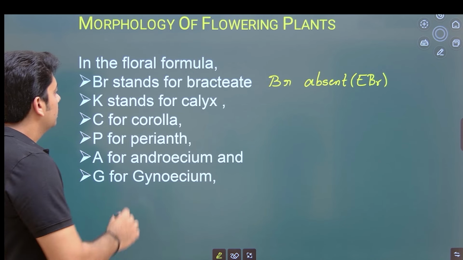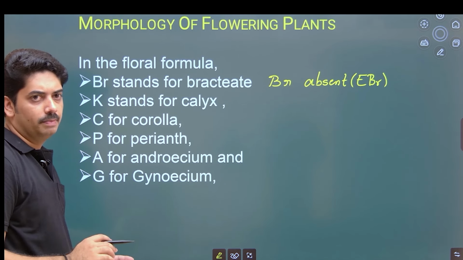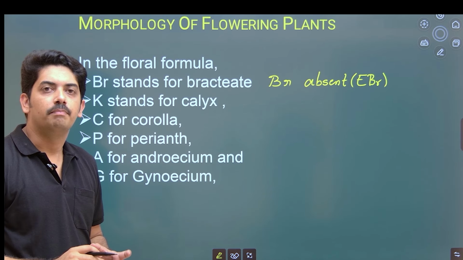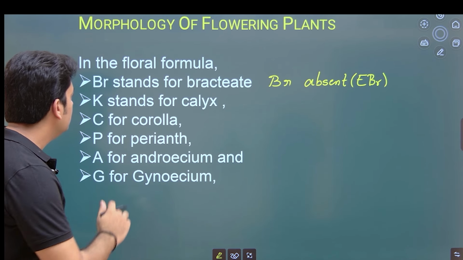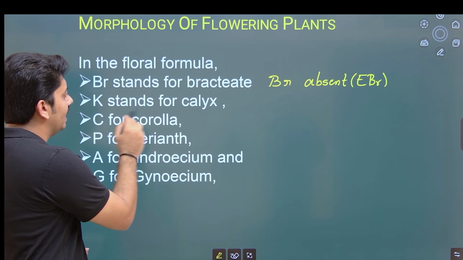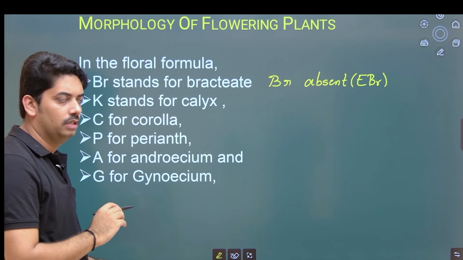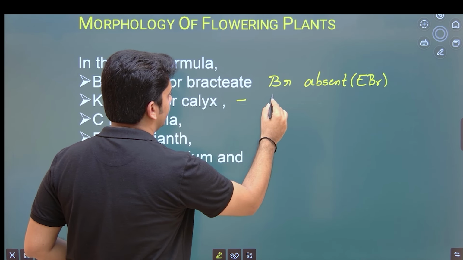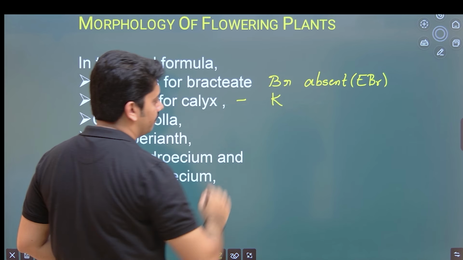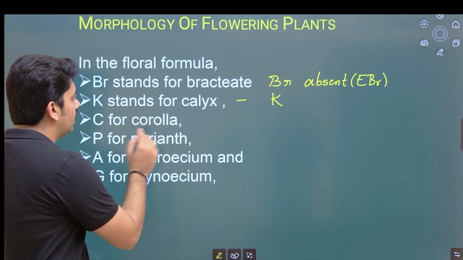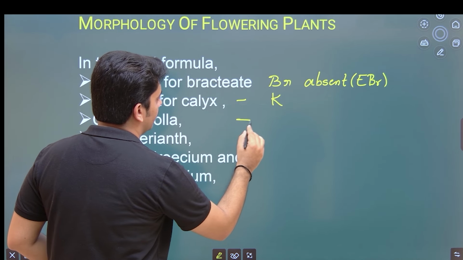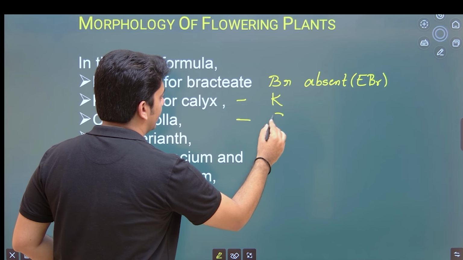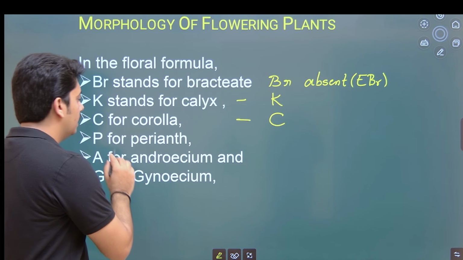Okay. That is the outermost because it is present at the base of the flower. Now calyx stands for what? Sepal, which is the outermost one, and that is represented as capital K. Corolla, nothing but the petal, represented as capital C.